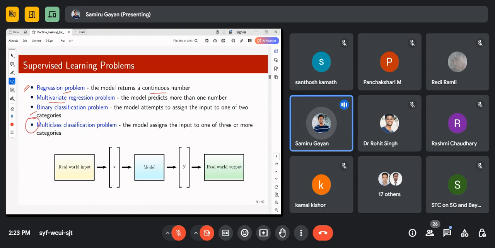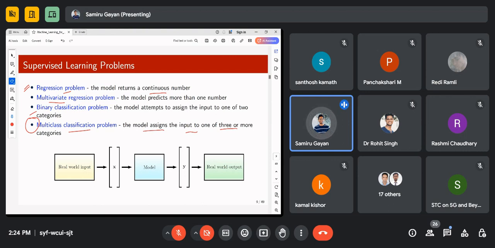Multi-class classification is the most important one in detection problems in wireless communication, where we are trying to categorize into multiple different classes. The model assigns the input to one of more than two classes.